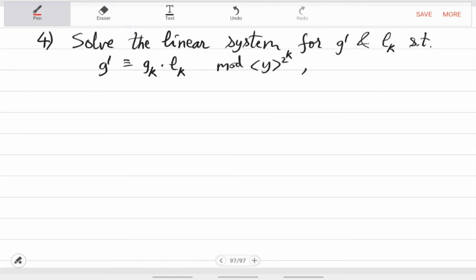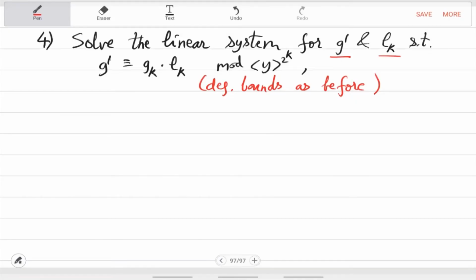Essentially, for G prime I want the degree with respect to x to be strictly smaller, and the degree of G prime with respect to y I want less than or equal to that of f. The degree in y of L_k we don't care, less than 2 raised to k, and the degree in x of L_k again strictly smaller than the degree of f. Right, those 4 things you remember, and solve the linear system.